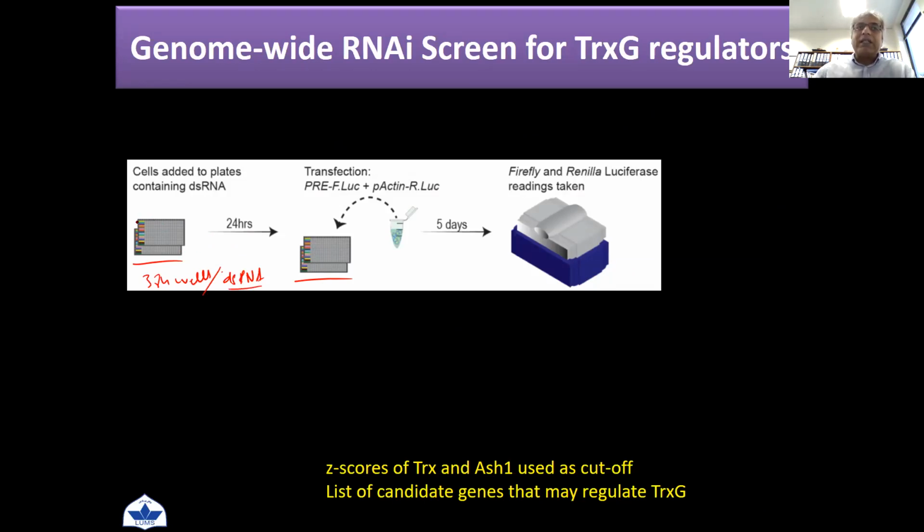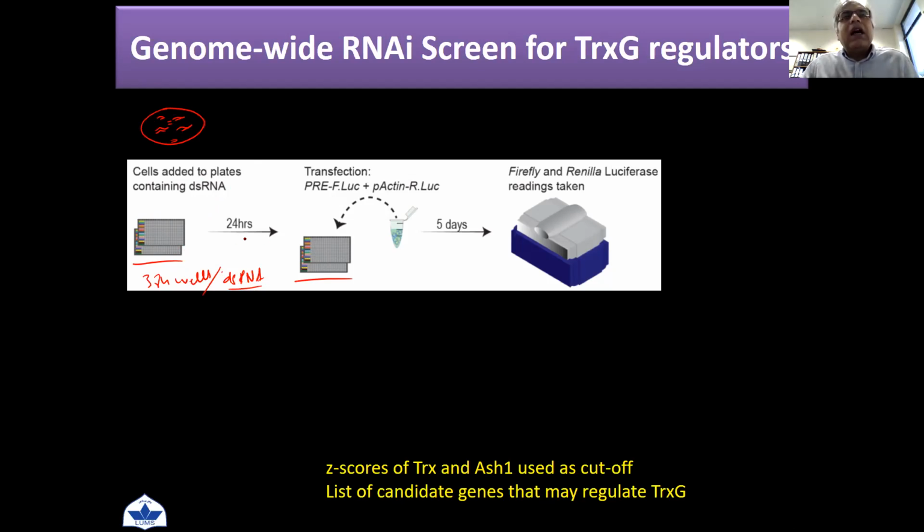So the double-stranded RNA is already present in these wells. When you add cells, the double-stranded RNAs go within the cells and knock down their target gene. This way we had double-stranded RNAs against all the genes in the fly genome.